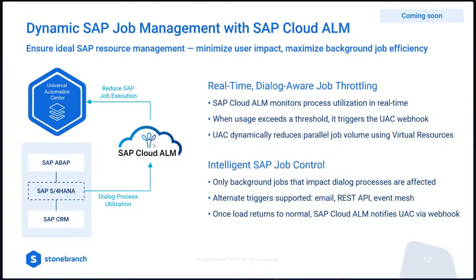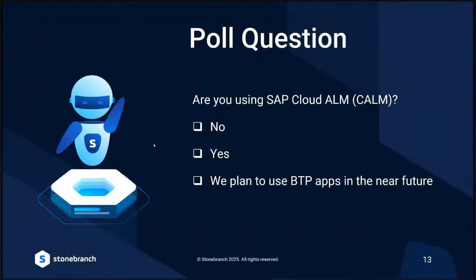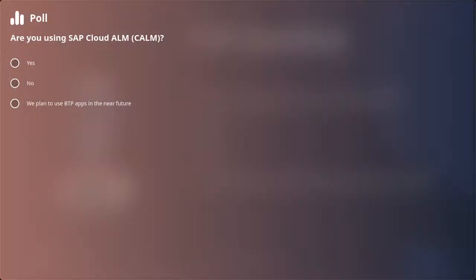This is something which will come up soon, and it should be only configuration in our system, so it will for sure work. So that's the last one. Cloud ALM might be something which you're not using yet, but I guess you might use it in the future. All right, the next poll.